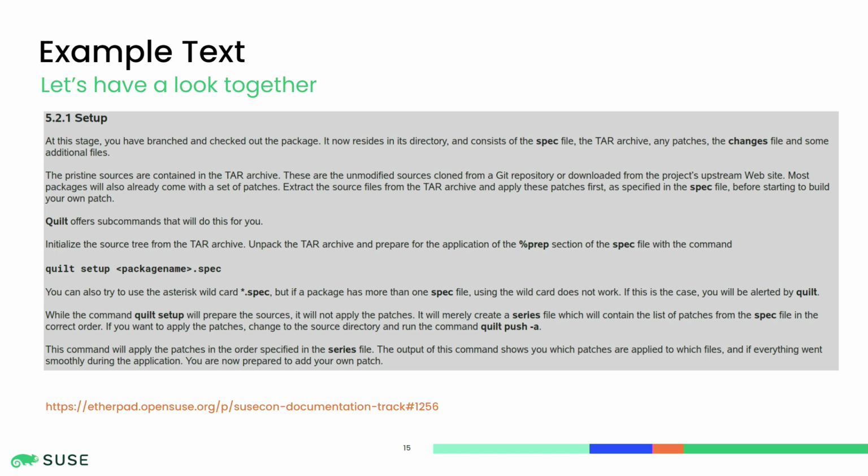But this sentence here, extract the source files from the tar archive, is already part of the next task, so it doesn't belong to the concept anymore. So I would split this paragraph and put the task information with the real steps that follow afterwards. So it's not clearly visible what's the concept and what are the concrete actions the users need to take.